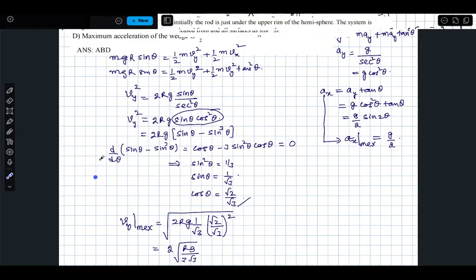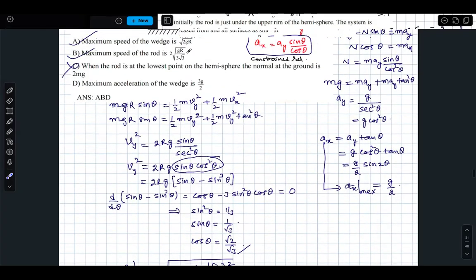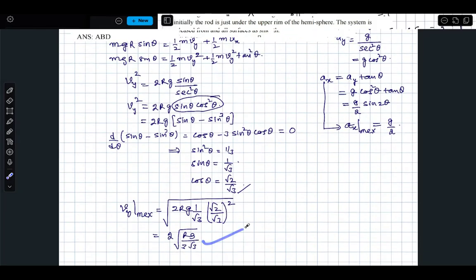Now you do the differentiation of this to obtain the maximum value. So by doing which I got this. Simply I have substituted that in that. So the maximum speed of the rod is this. You can see here, I have derived it.